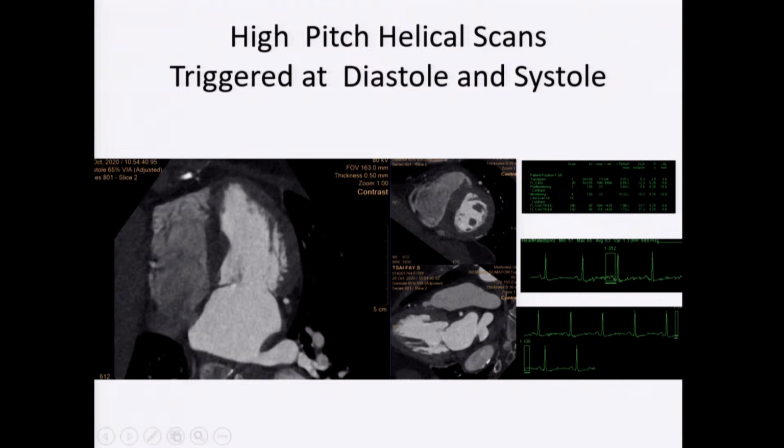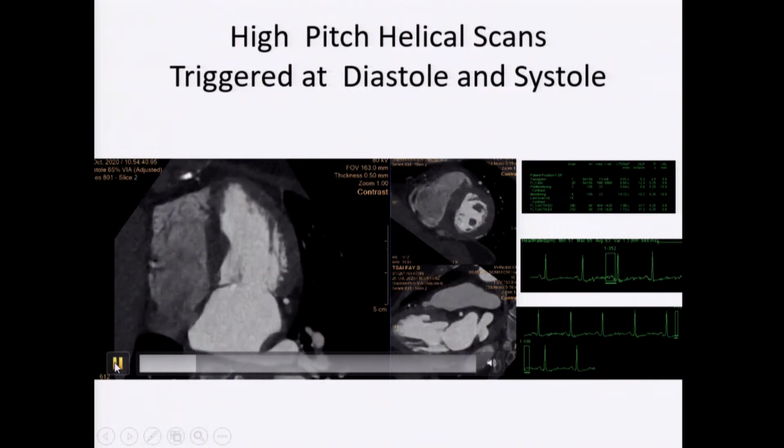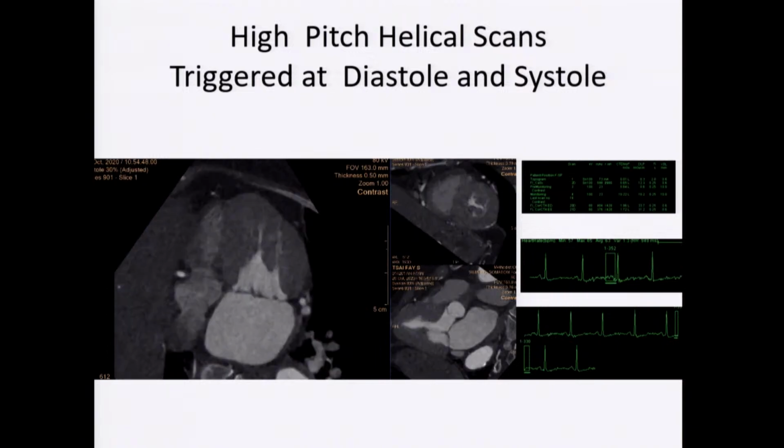With flash mode, you can trigger end systole and diastole, and basically you have only two phases. We're currently validating this approach compared to retrospective gating for calculation of EF.